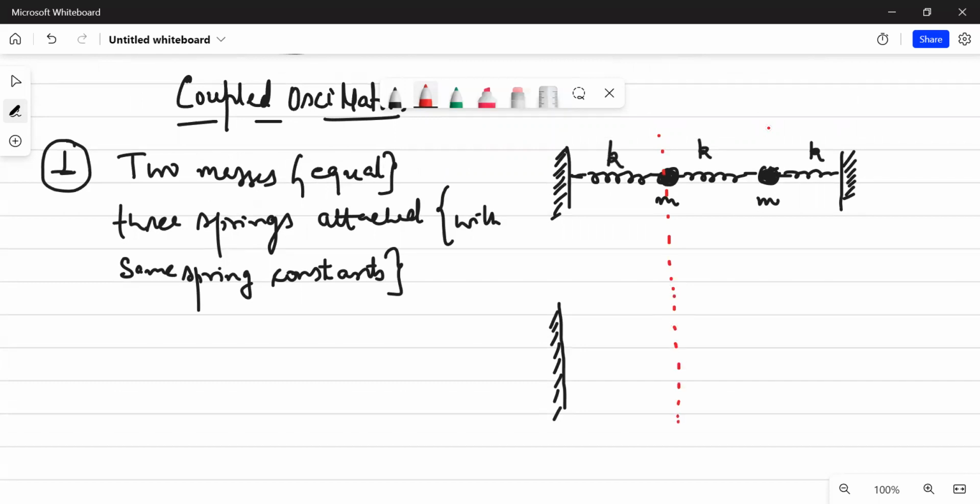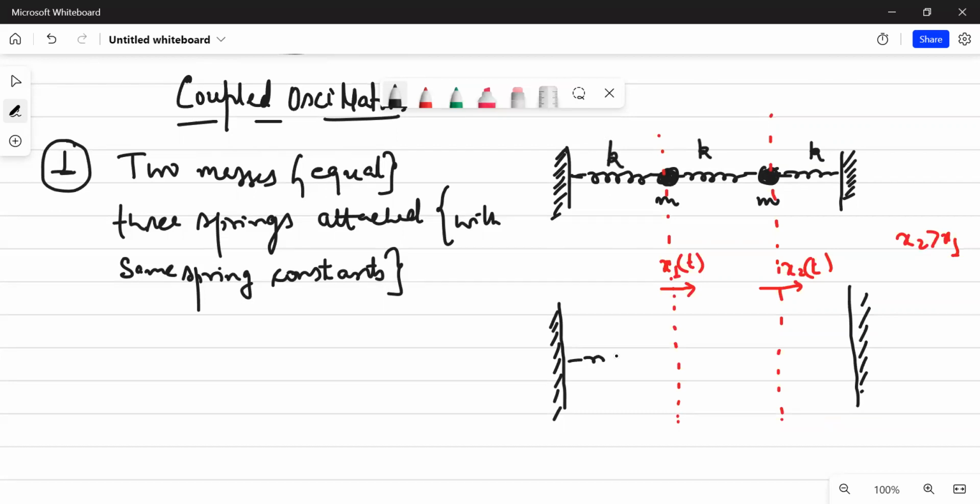So let us say this is the equilibrium position, and if you displace both of them in the same direction, let's say x1 here and x2 here. For simplicity, assume that the displacement x2 is slightly greater than x1, so that at least some physical situation is perceivable.